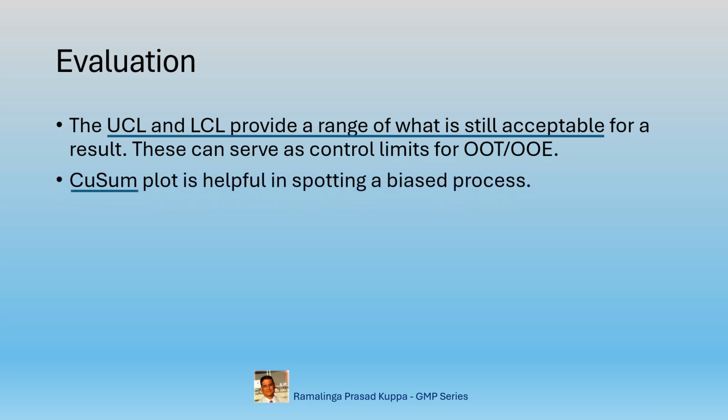Q-sum plot is helpful in spotting a biased process. Q-sum is short form for cumulative sums. In detecting small but persistent departure from the target or predefined value, this Q-sum chart is more appropriate.